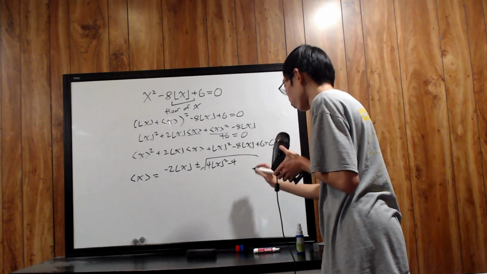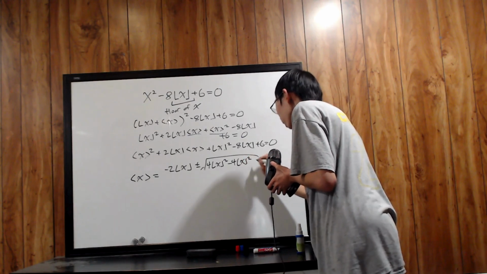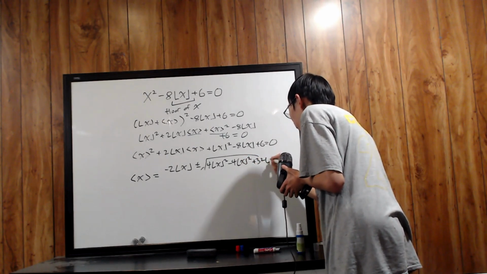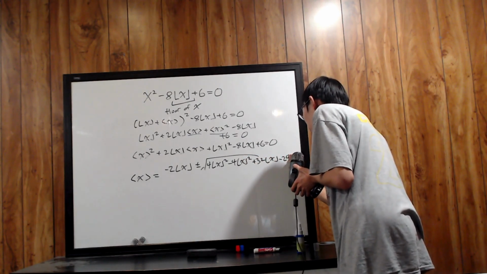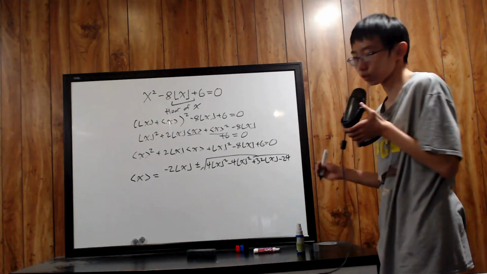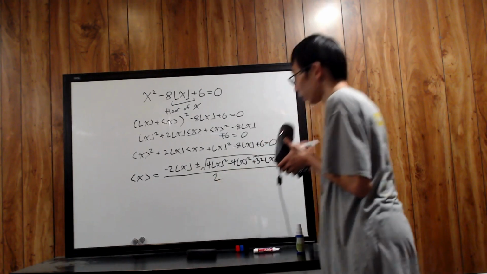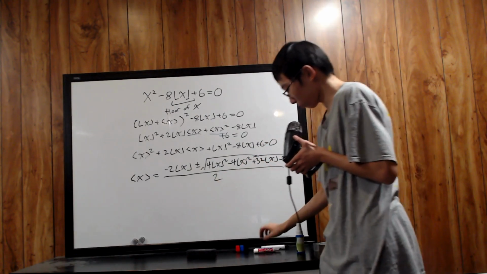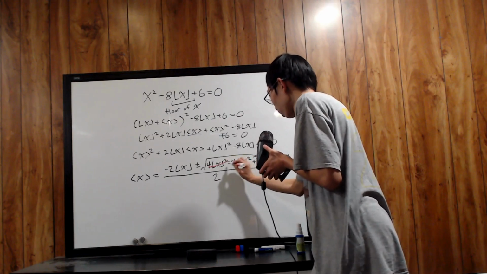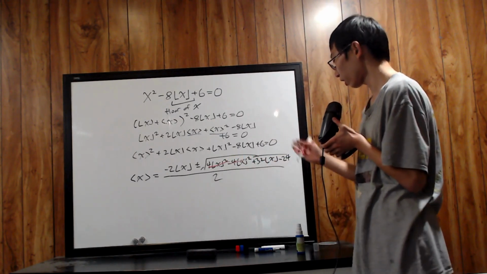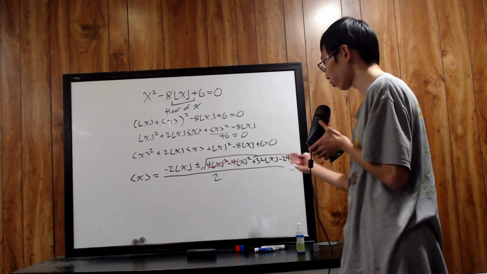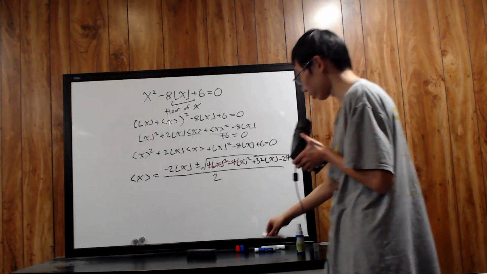So we have minus 4 floor of x squared plus 32 floor of x and then minus 24, all under the square root, and of course divided by 2. Now this over here conveniently just cancels out, and all we're left with is 32 floor of x minus 24 under the square root.